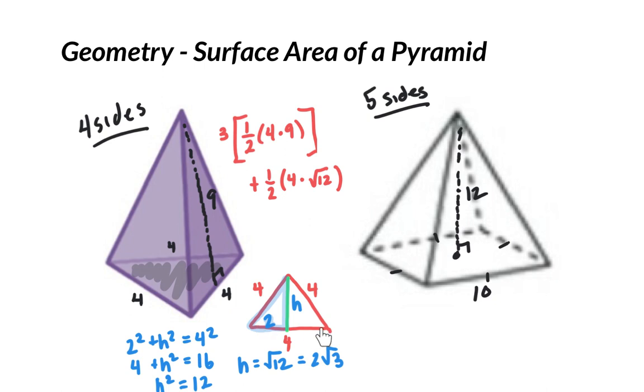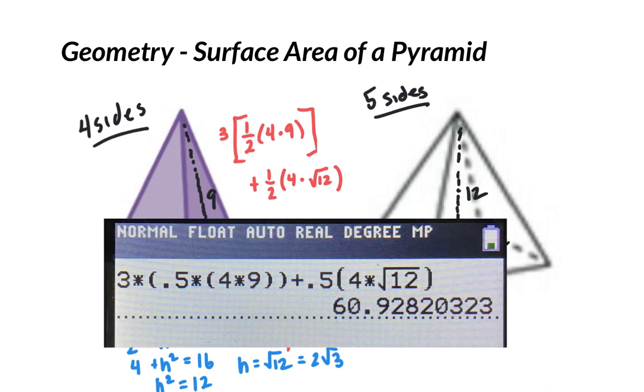And then I could add these together. So there you can see I have typed it into my calculator. So we had to do a little work here in order to use our formulas. And sometimes that's the hardest part about surface area, is we have to break out all of the regular area formulas and then maybe something else in order to get the measurements we need.